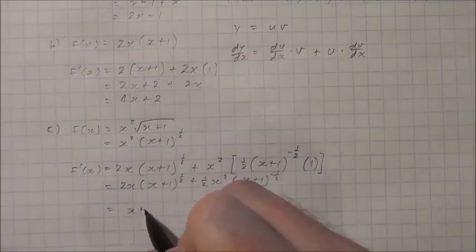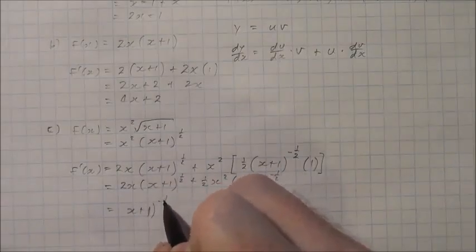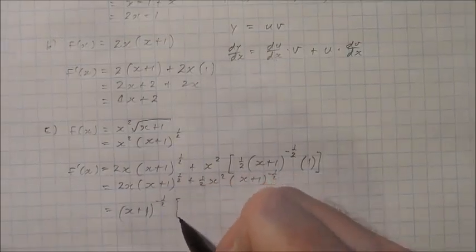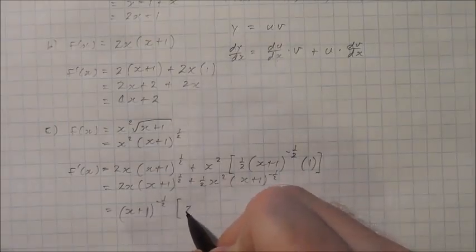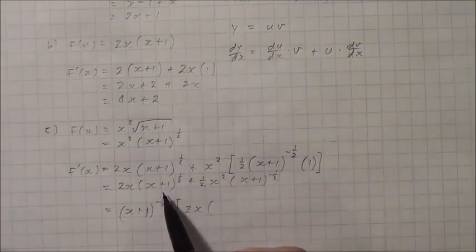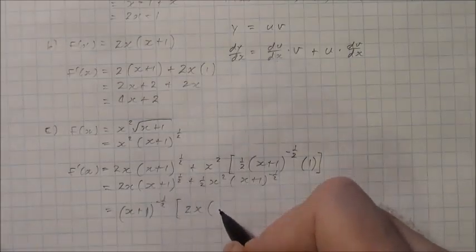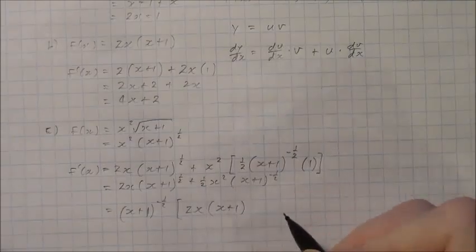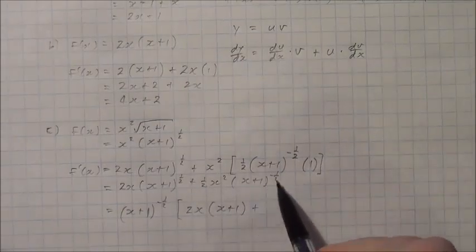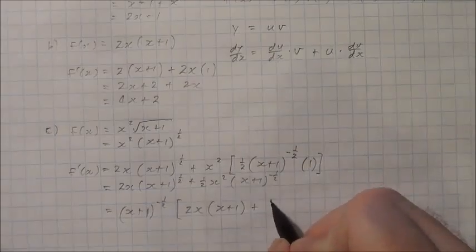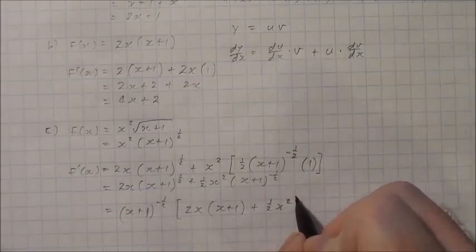So I get x plus 1 to the negative 1/2 factored out, which leaves us 2x, and then when you divide x plus 1 to the 1/2 by x plus 1 to the negative 1/2, we just end up getting x plus 1. And then when you divide this by itself, you just get 1, so you're left with 1/2 x squared.